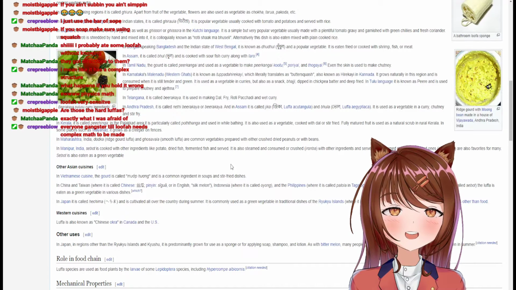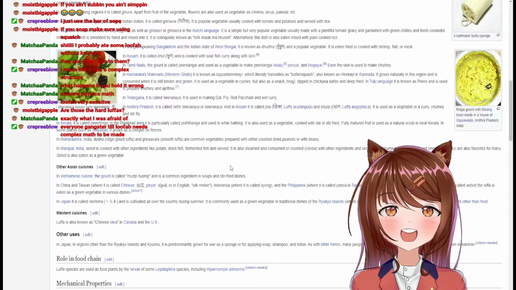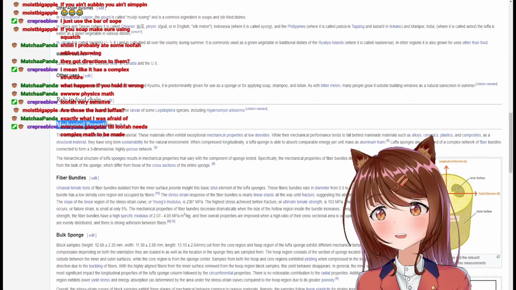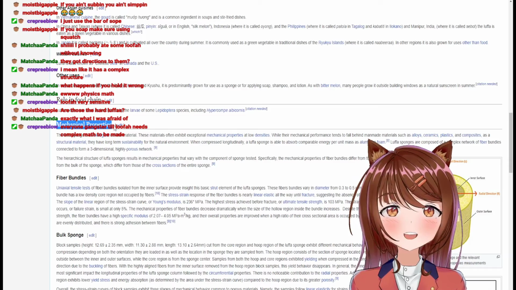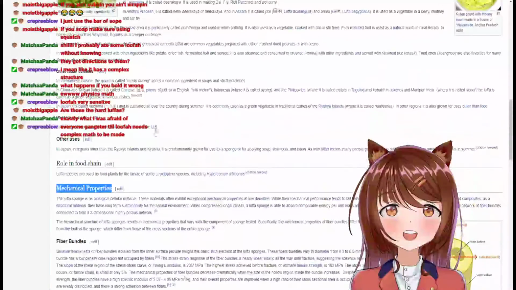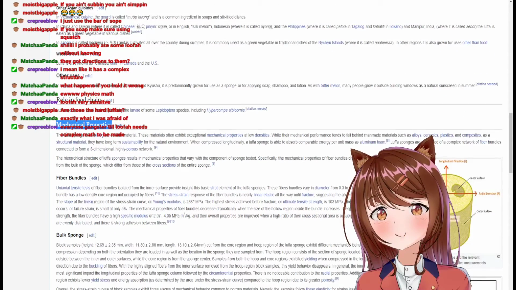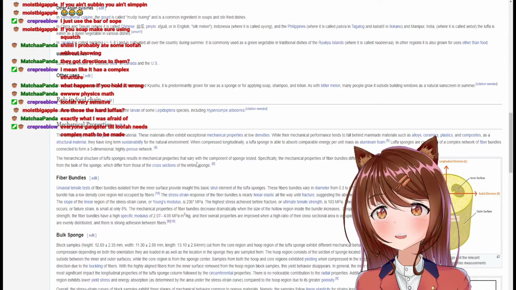Everybody gangsta till loofah needs complex math to be made. Bruh. Mechanical properties of the loofah, guys. Look at that. Mechanical properties of a loofah. The loofah is a biological cellular material. It's a loofah sponge. The loofah sponge is biological cellular material, but it is not a sponge.